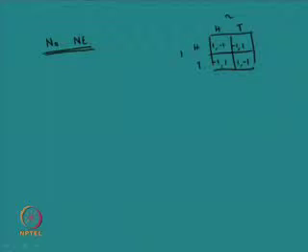For example, let us start with this HH. From here, player 2 will have a profitable deviation, because player 2 is getting -1 in HH profile, whereas if she plays T, she gets 1, which is greater than -1.